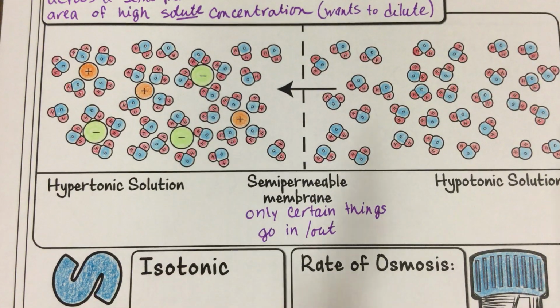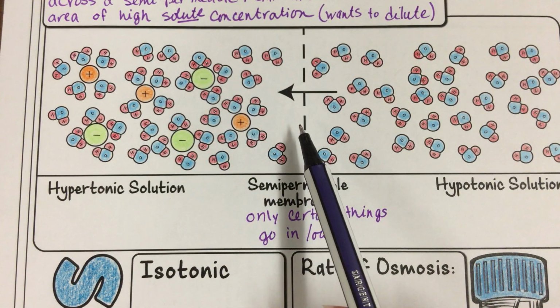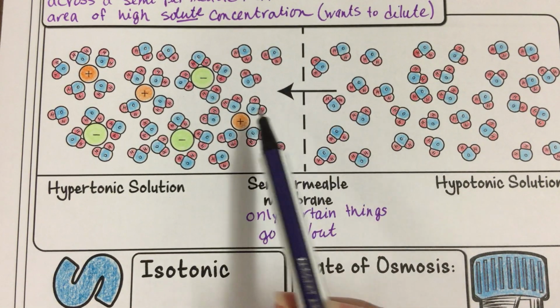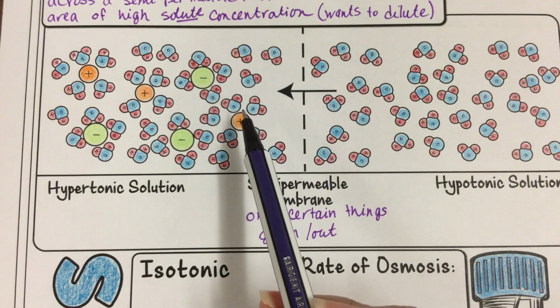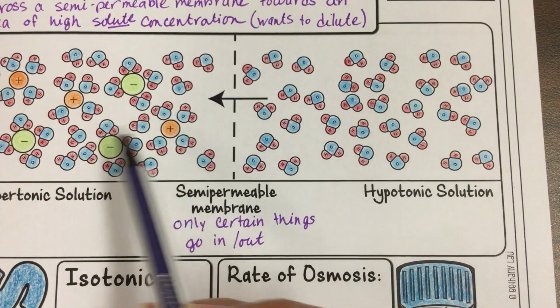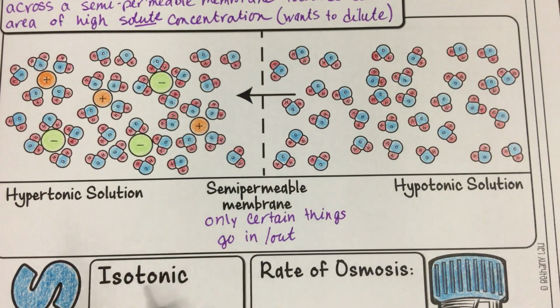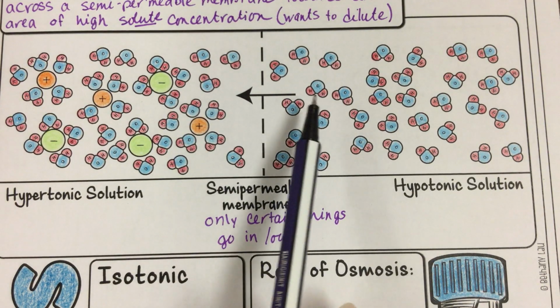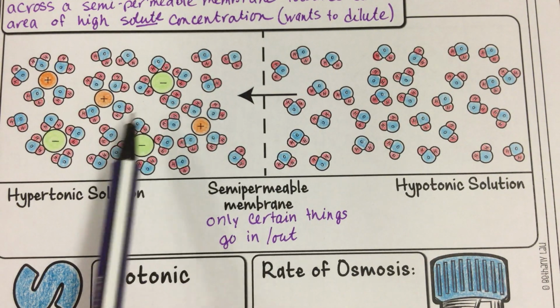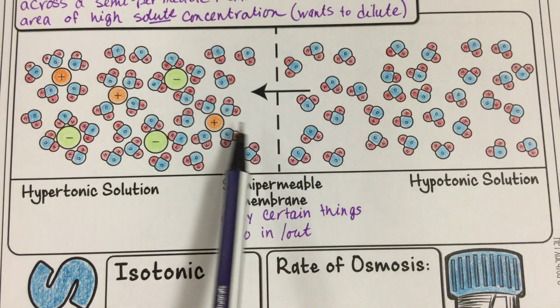They can be whatever you want them to be, but those are too big to travel through my membrane. So the only thing that can move through are my water molecules. I don't have any ions over here. And because the goal for passive transport is always equilibrium, my water molecules are going to try to move over here and dilute this as much as possible in order to make the sides the same.